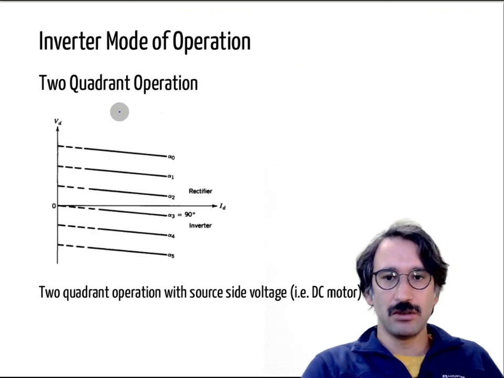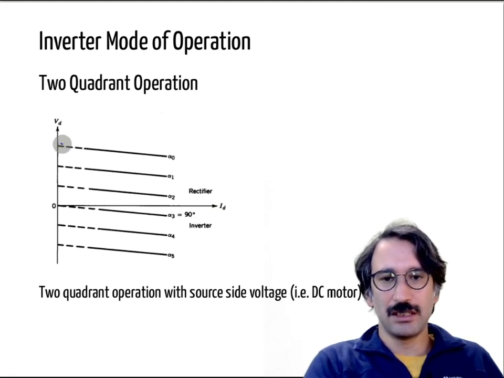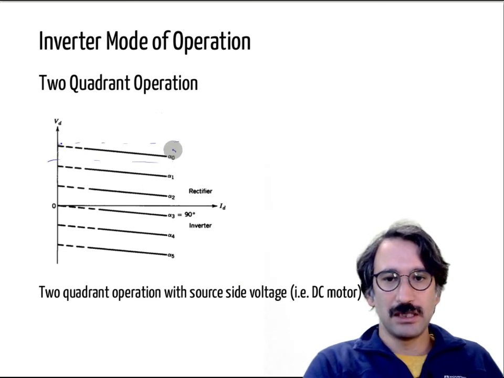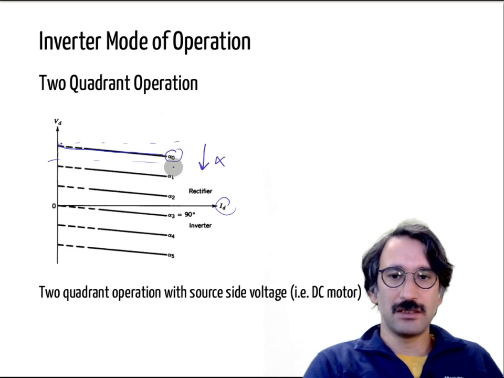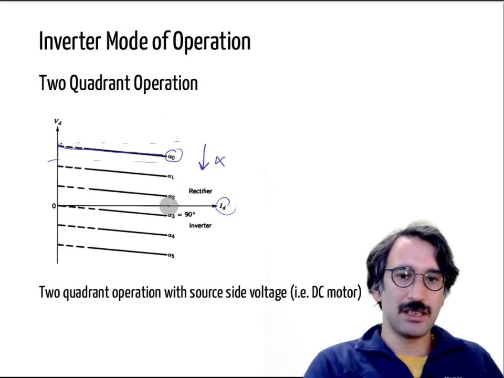This is what you have with the commutation, and if you didn't have any commutation, those lines would be horizontal. Let's say you have a really small firing angle; this is output voltage with respect to ID. As the current increases, there is a slight reduction due to commutation, and as you increase the firing angle it comes down to here.